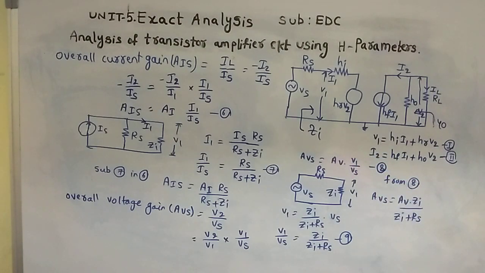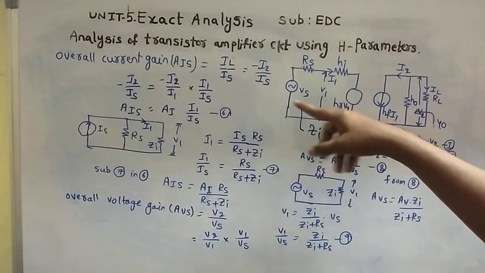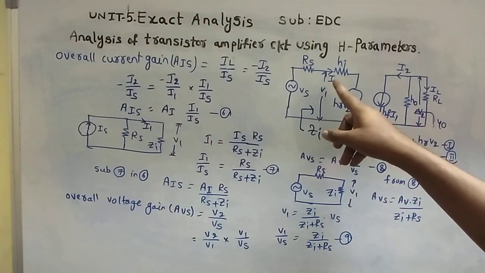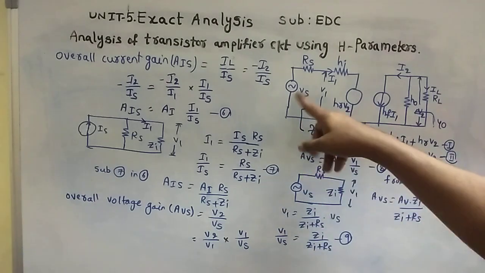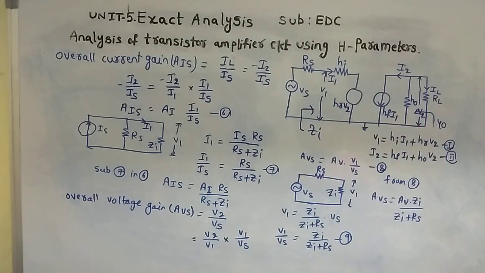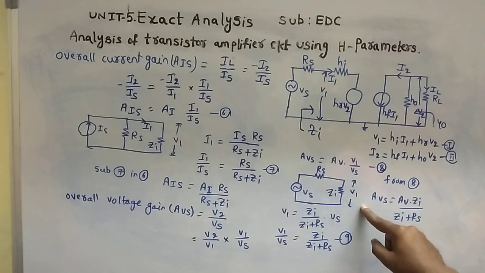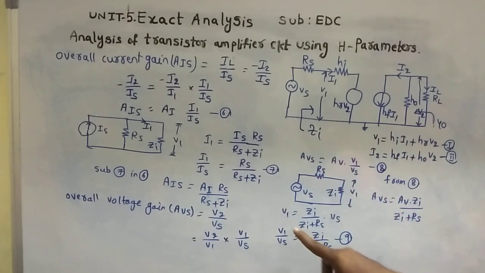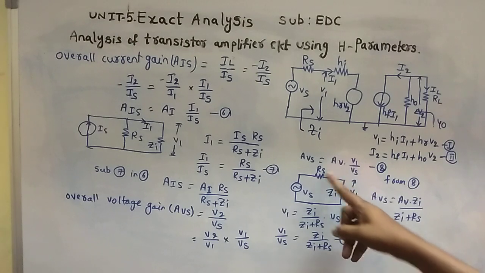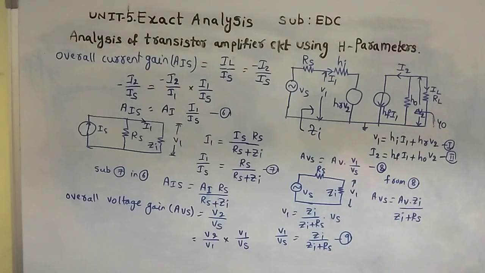For this purpose I am going to use the voltage source circuit. This is the voltage source Vs, Rs and Zi. Here we have input resistance Zi and the voltage across Zi is V1. Then similarly you can find V1 is equal to opposite resistance by total resistance, Zi by Rs plus Zi, into the applied voltage Vs, the voltage division rule.